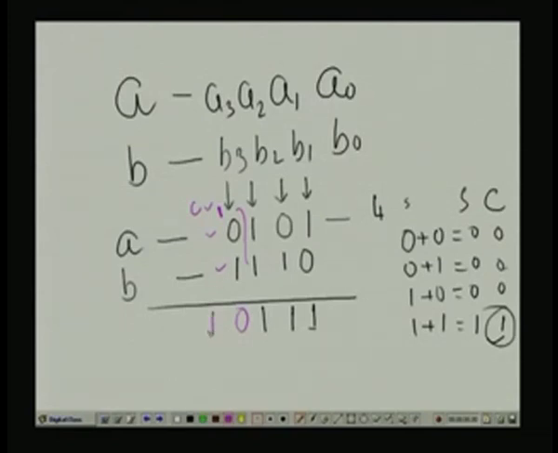This carry 1 will come here. Here the carries were 0, but actually I have to consider all the carries. So, instead of 2 inputs, for the full adder I have to consider 3 inputs. That is why the full adder is defined with 2 operands and the previous carry, meaning the carry generated from the previous bits.